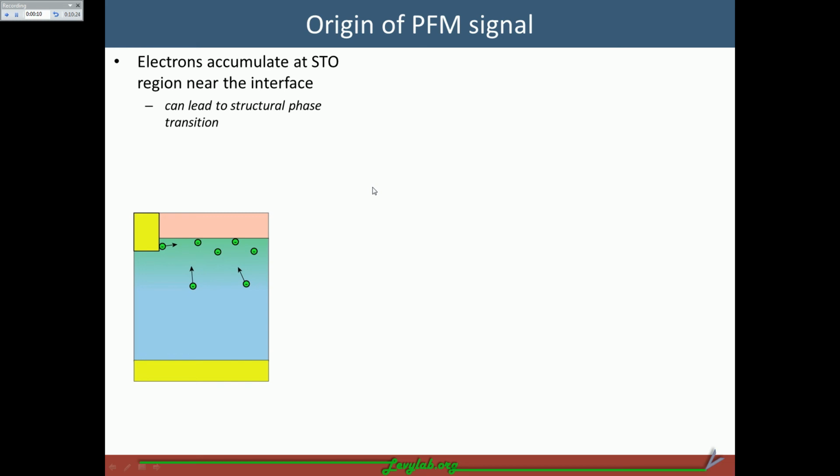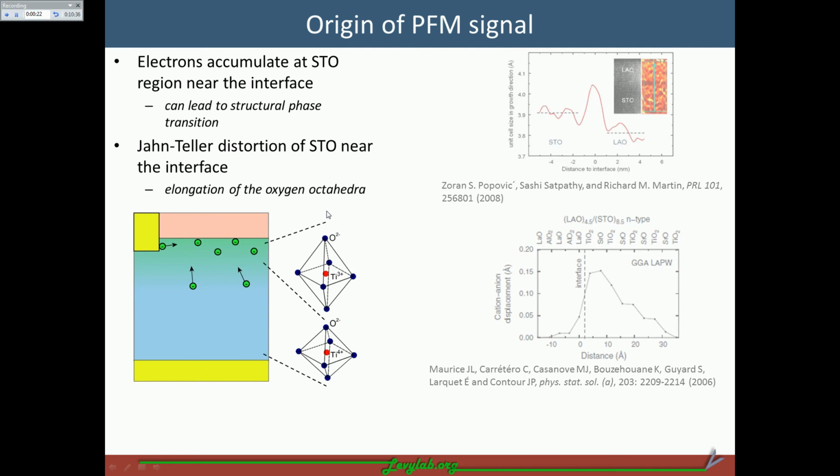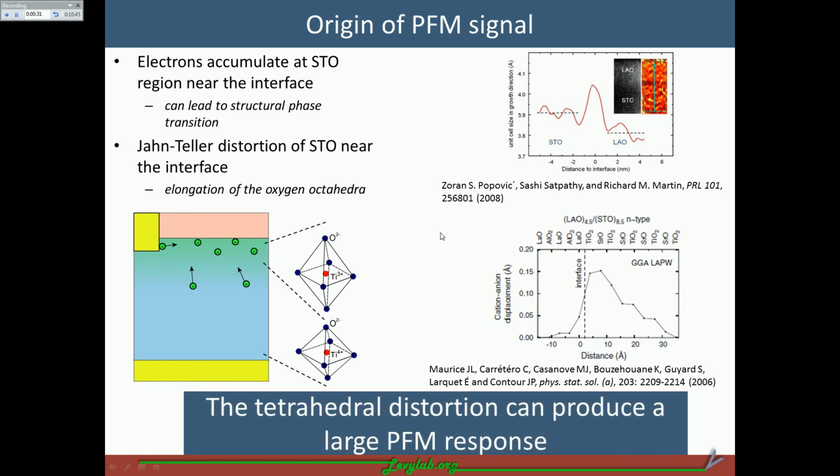We think the electrons accumulated at the STO layers near the interface can lead to structural transition with the lattice distortion. This has been calculated and also experimentally measured. So we think the distortion happening at the STO near the interface can produce a PFM response.